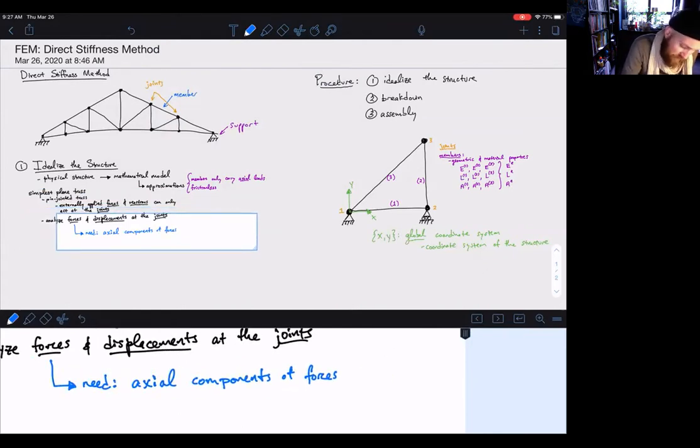So I need the axial components of the forces, which means I need to calculate F in the x direction and F in the y direction. But I need to do that for every joint.